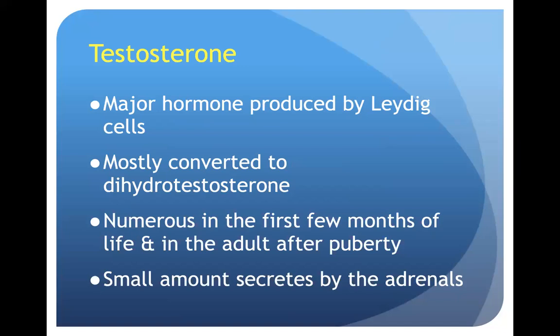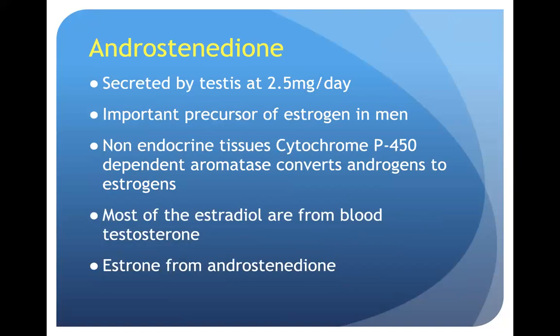Yung small amount secreted by the adrenals, hindi yun enough for males to attain secondary male sexual characteristics. Kaya nga yung females, because of the presence of testosterone coming from the adrenals, pag medyo napadami, iba medyo balbon. The reason for that is because of the testosterone coming from the adrenals.